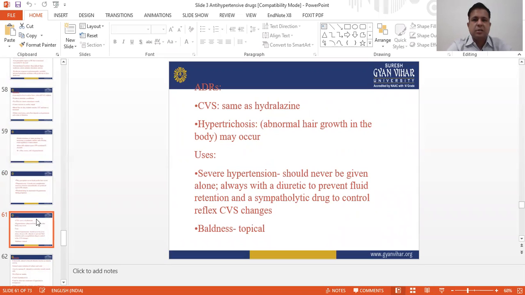Hypertrichosis, that is abnormal hair growth on the body, may occur. The uses are in treatment of severe hypertension. It should never be given alone, always with a diuretic to prevent fluid retention and a sympatholytic drug to control reflex cardiovascular system changes. Also used for baldness through the topical route.